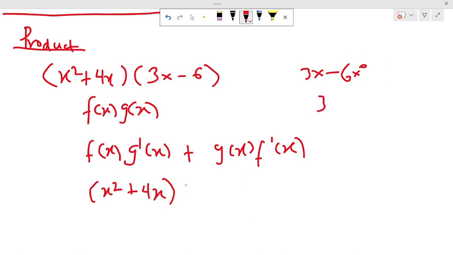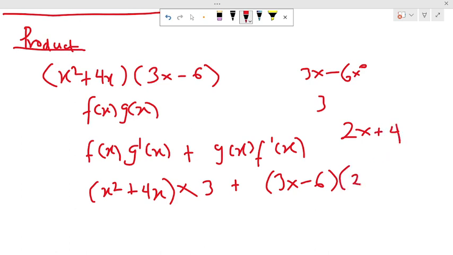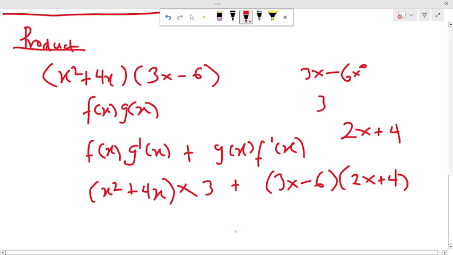So that's multiplied by 3, right? Plus g of x. Now g of x is 3x minus 6. And this is f of x, so differentiating f of x, I'm going to get 2x plus 4, so I multiply this expression by 2x plus 4. Then I simplify this expression.